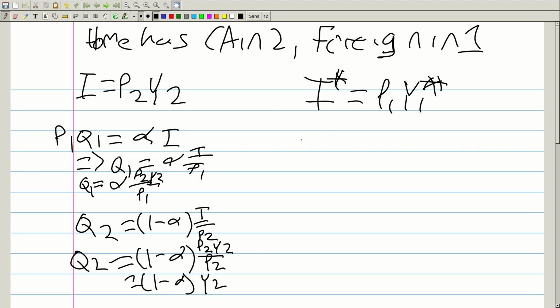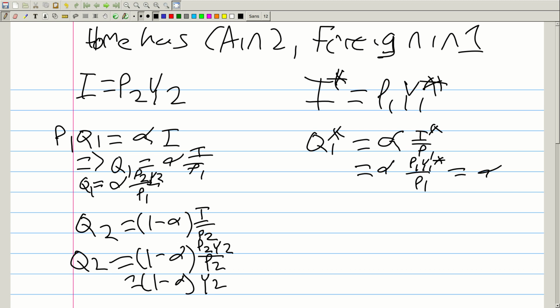Okay, we can do the same for foreign. Note that it all looks very similar for foreign, so everything is going to be the same except for just replacing everything with stars to denote that it's a foreign outcome. Well, so here instead foreign's income is the only thing that's different, and so this is going to be alpha P1 Y1 star over P1, and so what do we get?